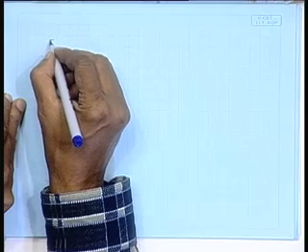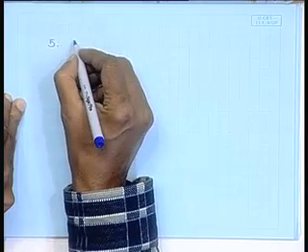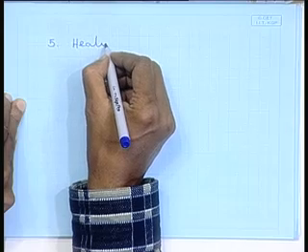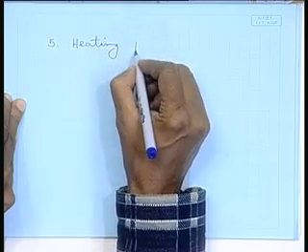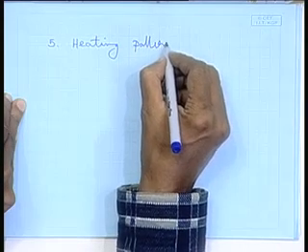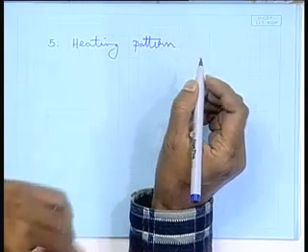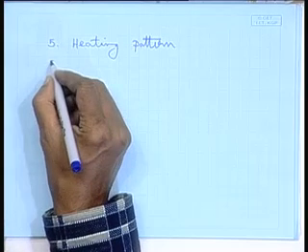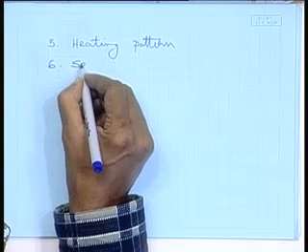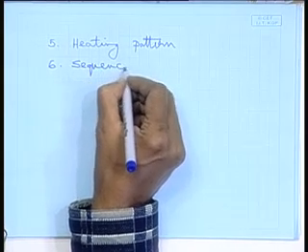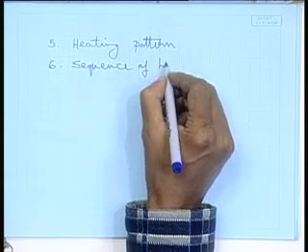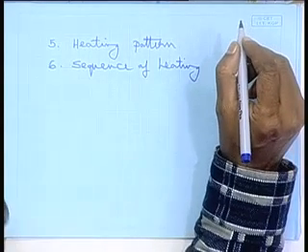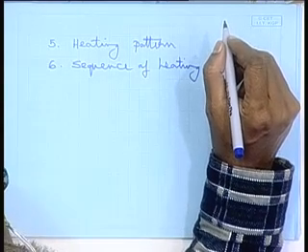And then obviously comes the heating pattern. By heating pattern, I mean the distribution of the heating lines, and obviously the sequence of heating, in what sequence these lines are to be heated.